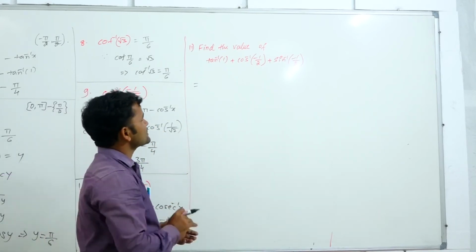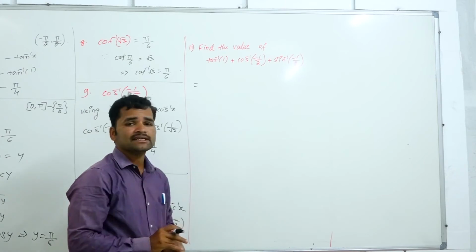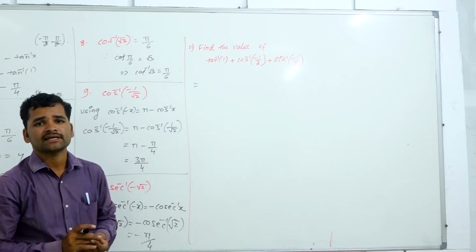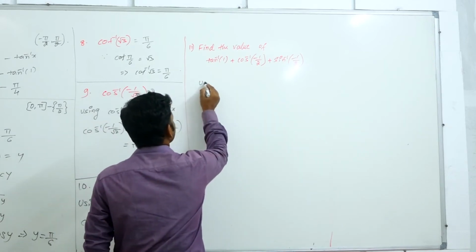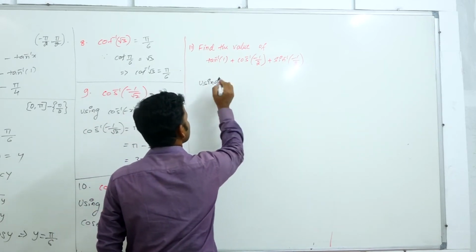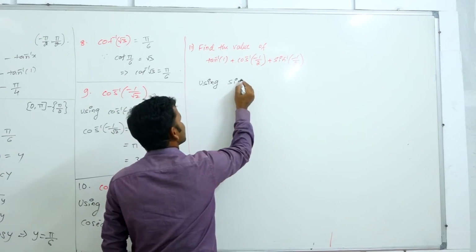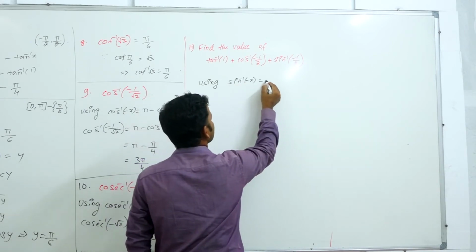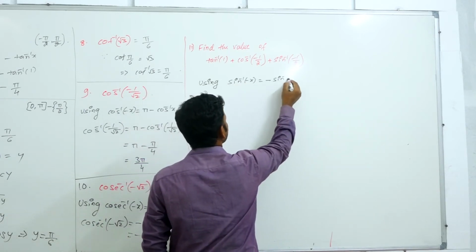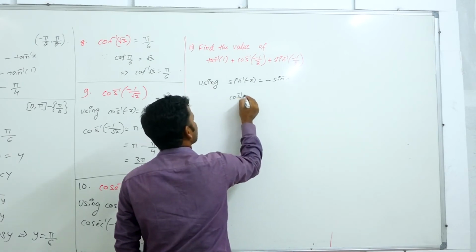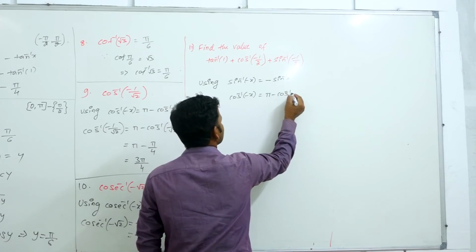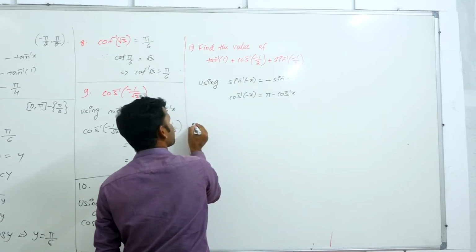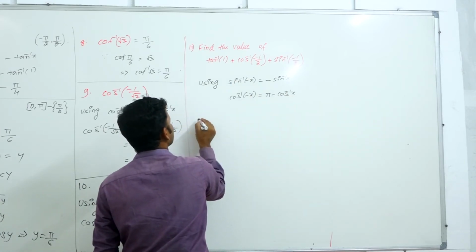But a cos inverse of negative value is there and a sin inverse of negative value is there here. For that you use the properties. Sin inverse of minus x is equal to minus sin inverse of x, and cos inverse of minus x is equal to pi minus cos inverse of x. Okay, we are solving our problem.